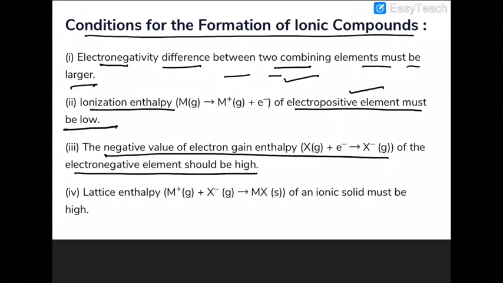Third, lattice enthalpy must be high. Later on we will discuss that all these aspects come into the picture while calculating the lattice enthalpy in the Born-Haber cycle, the thermodynamic method to determine lattice enthalpy. Very important concept.